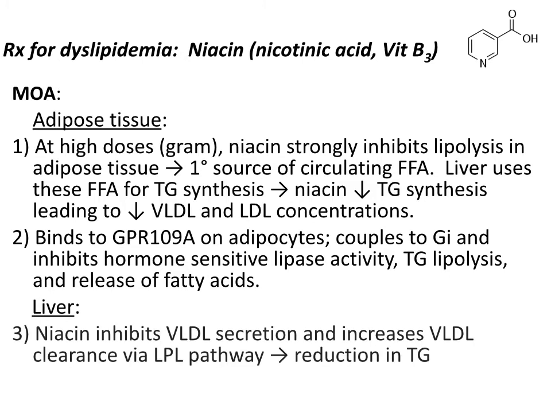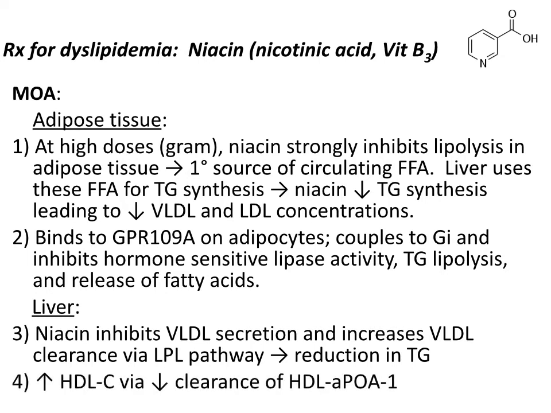In the liver, it inhibits VLDL secretion and increases clearance of VLDL by lipoprotein lipase pathways. It increases HDL cholesterol by reducing the clearance of HDL ApoA1. Remember, apoproteins, the proteins, the ligands on these particles.